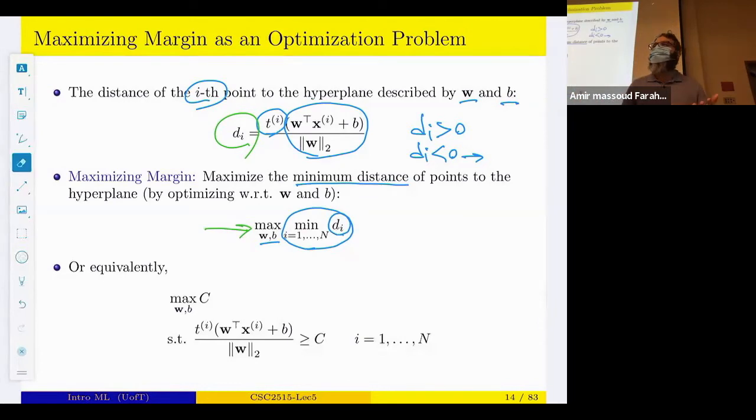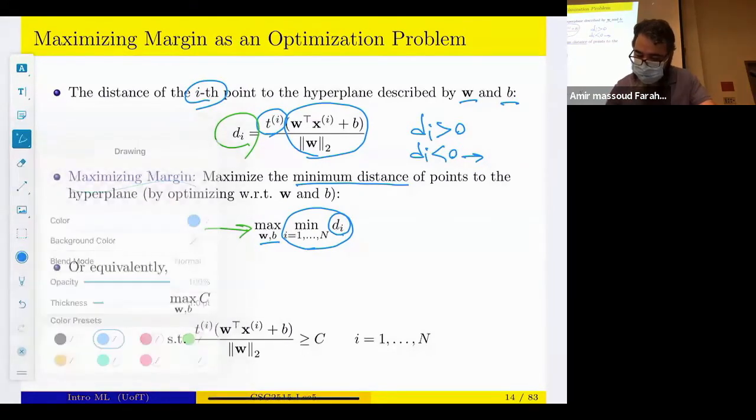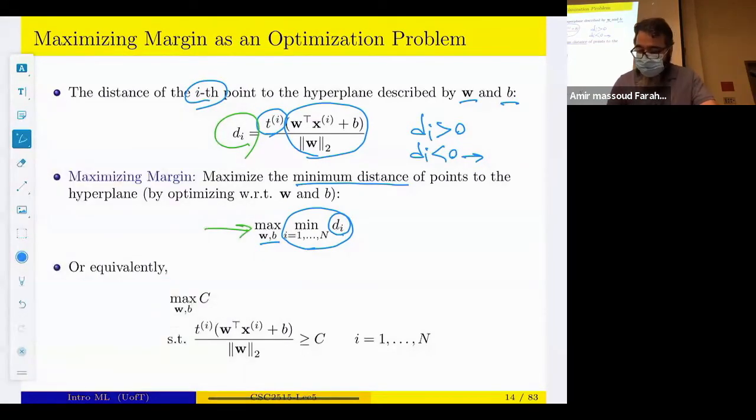We can also write it in this other form, a constrained optimization, which says that for all data points i equal to 1 to n, this d_i should be larger than c.